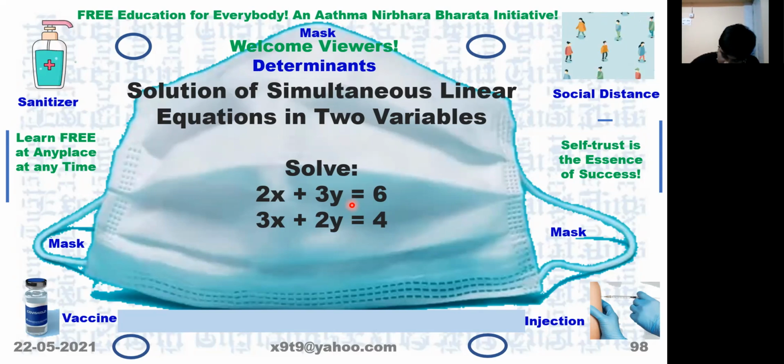So 0 plus 6 is 6 itself in RHS, and 0 plus 4 is 4 itself in RHS. So we have calculated it. It is right, sir. Correct. If there is a mistake, it won't match here. Then you can verify or redo the problem and find out what the mistake was.